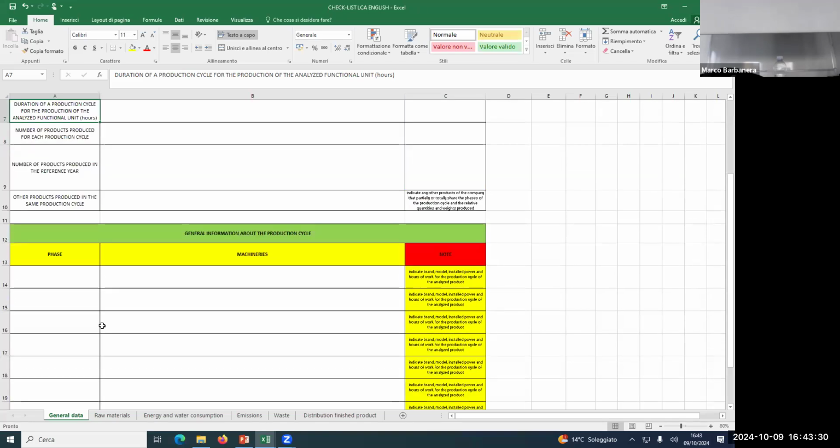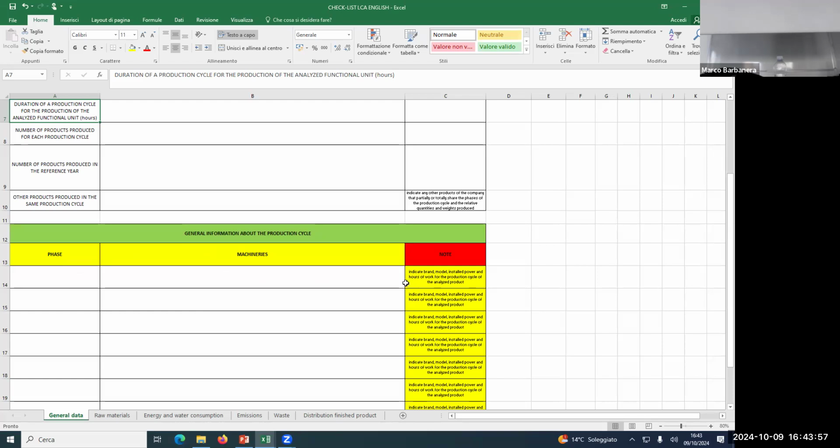Then in this sheet you can see also that it's important to know, for each phase of the production cycle, the machineries employed for each phase. Why is it important to know the characteristics of the machineries employed for each phase?